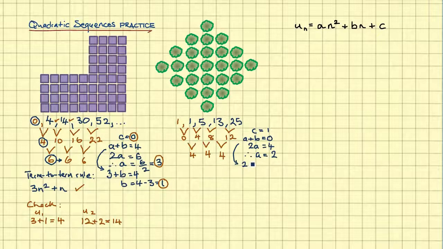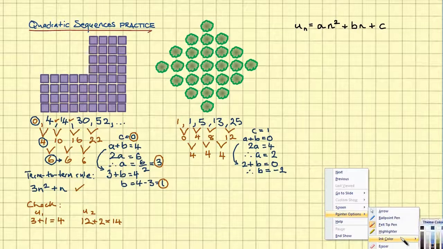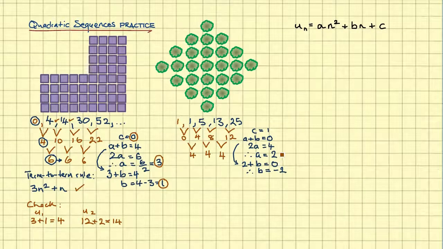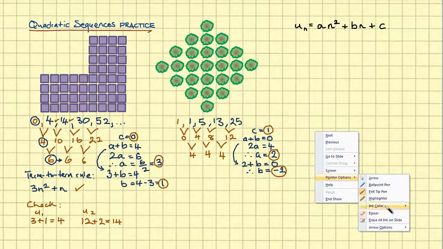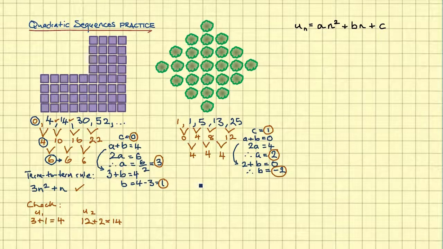So we know that A is going to be half of that, it's going to be 2. Okay, and to find B, all we do is take this here and substitute that 2 into that formula. We end up with 2 plus B equals 0. Therefore, subtract 2 from both sides, B must equal minus 2. So very quickly, that's got our A, B and C values. Here's our A, just pick that out there so we can see it clearly. B is minus 2 here, and C is 1.